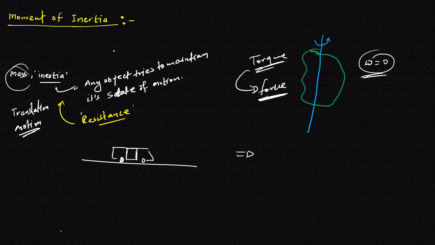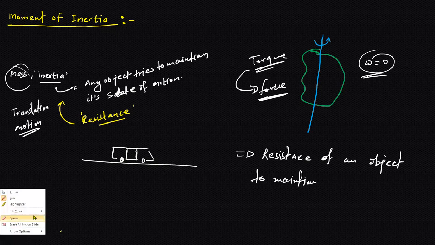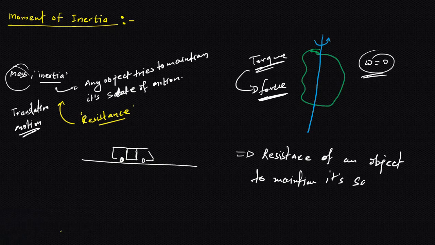So we can define the moment of inertia as the inertia, or the resistance, of an object to maintain its state of rotational motion.